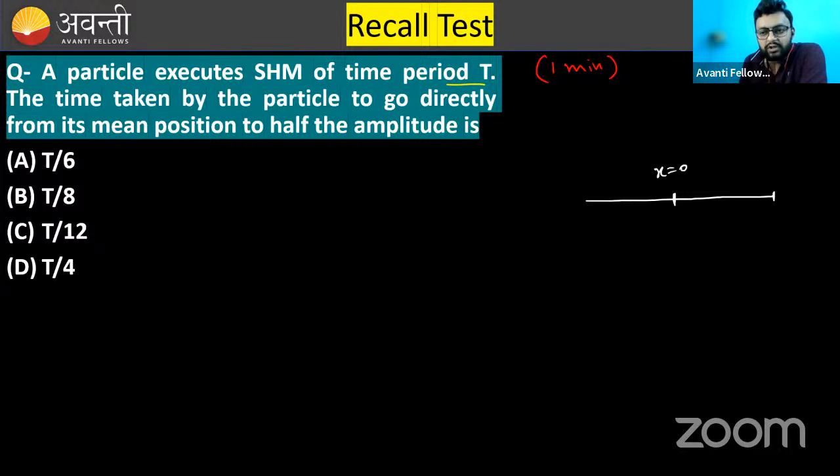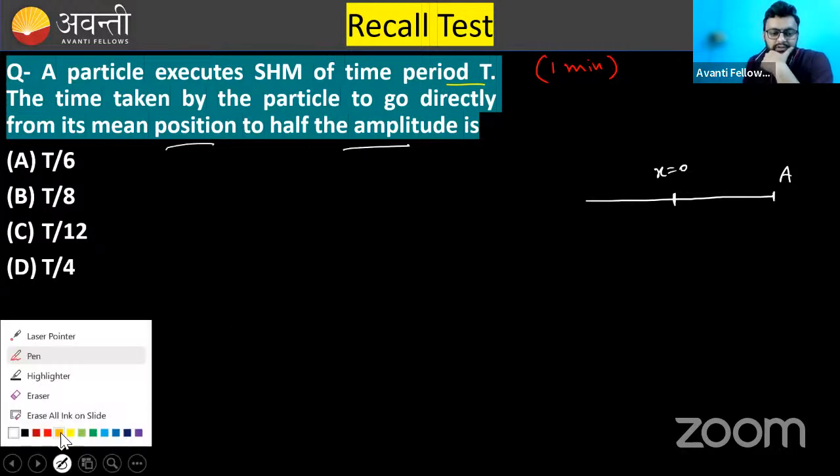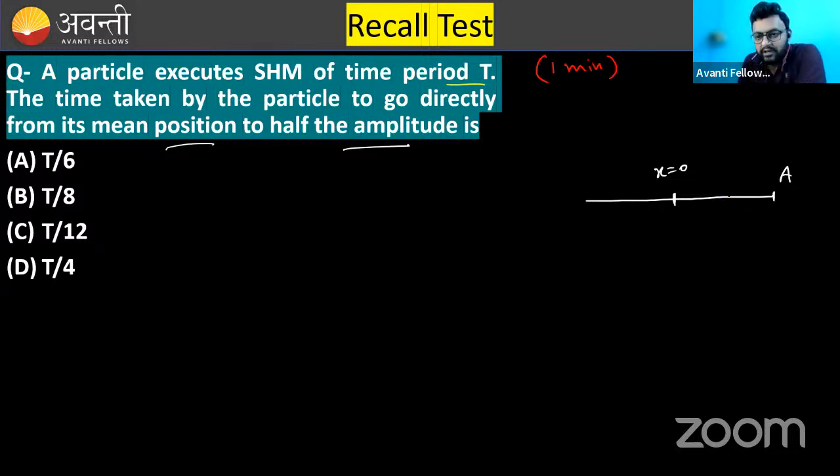This is the extreme position, which is A. They are asking about the time taken to go from this point to this point, and this distance is A by 2, half the amplitude position. So this time is being asked. We will find that time.